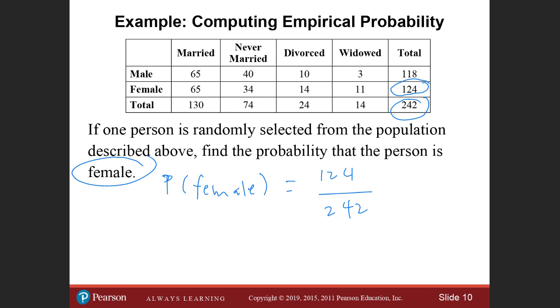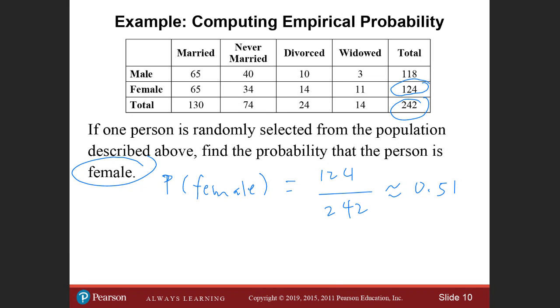If you change that into decimal form, you get 124 divided by 242. It gives you 0.51 in two decimal places. So it's about 51%, if you change that into a percent.